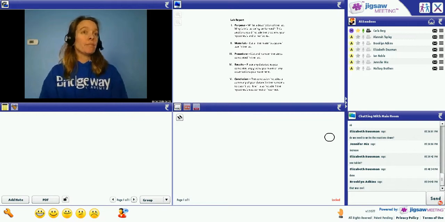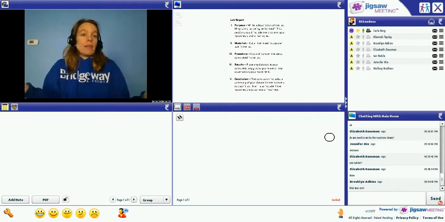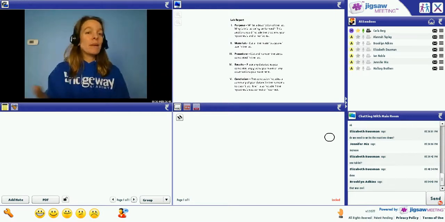You will also see an assignment. It says Homework Week 1. When you click on it, it says you will write a lab report on the investigation we did today in class. Well, you may be saying, I have no idea how to write a lab report. Don't worry, I'm going to show you.